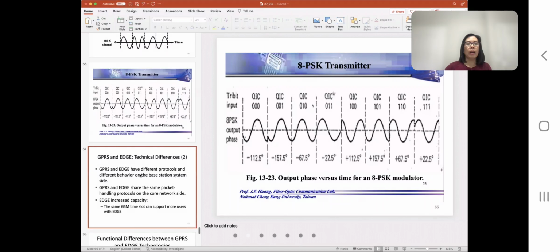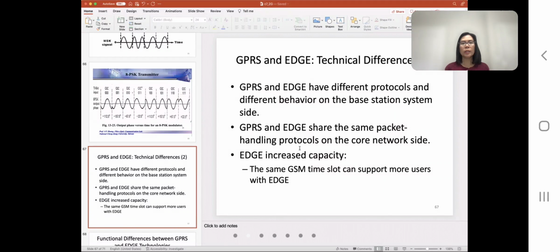So if we talk about the technical differences between GPRS and EDGE, they have different protocols and different behavior on the base station system. It makes sense because they use different encoding schemes and different modulation techniques.